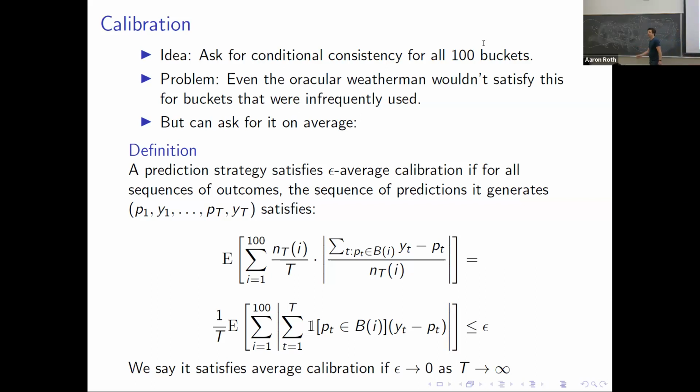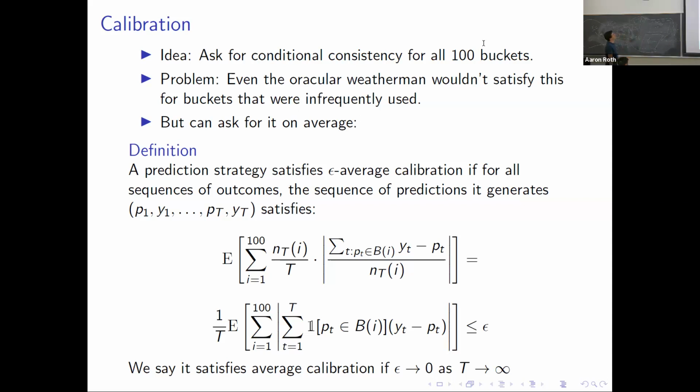So if the weatherman only predicted a 50% chance of rain one time, tough luck on that bucket. It's just impossible to have conditional average consistency error less than 50%. But maybe we'll only weight that bucket with weight 1 over t, if he only made that prediction on 1 out of t days. And more generally, we will weight bucket i by the number of days for which we made that prediction in bucket i, over t.